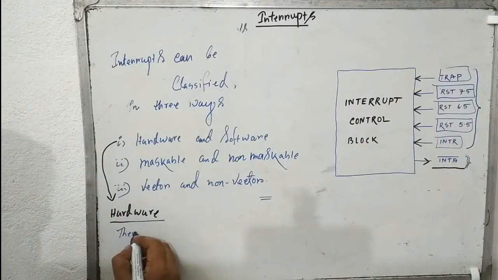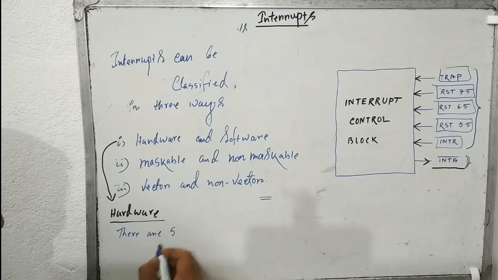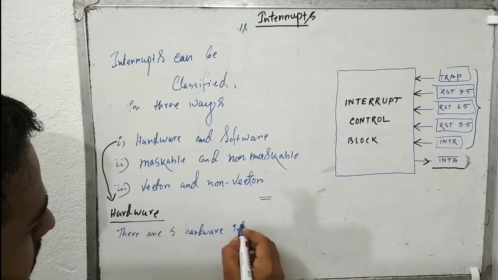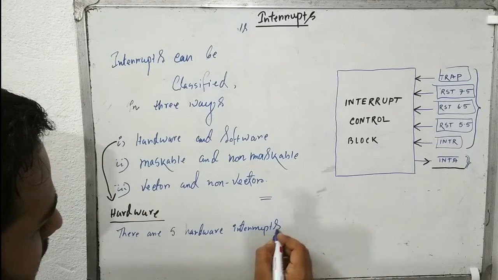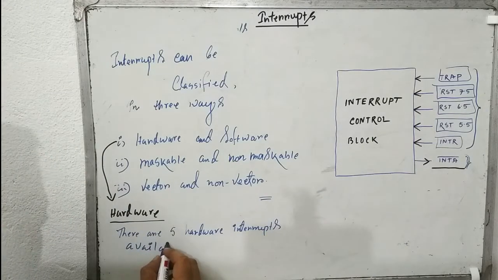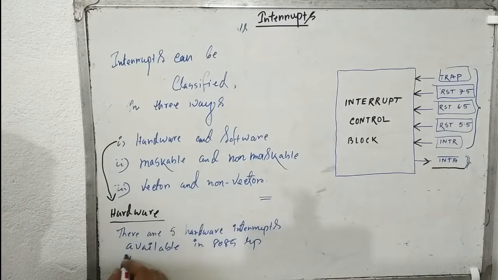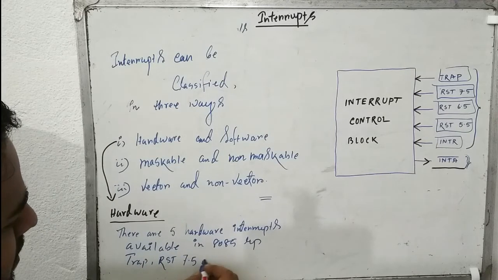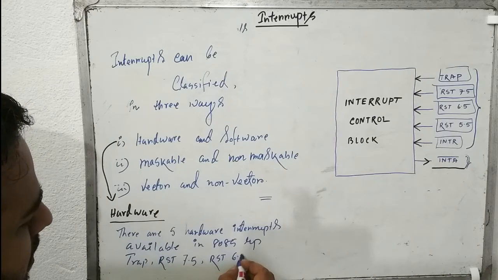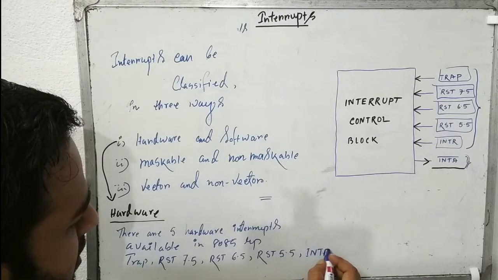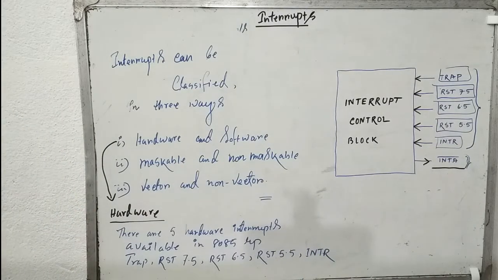What are they? TRAP, RST 7.5, RST 6.5, RST 5.5, and INTR. So these are the 5 hardware interrupts available in the 8085 microprocessor.